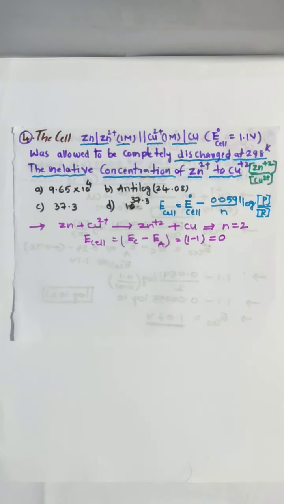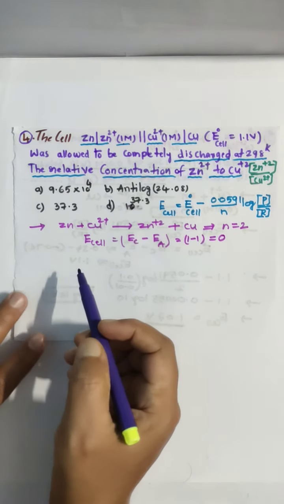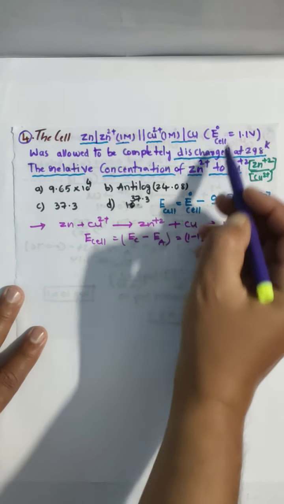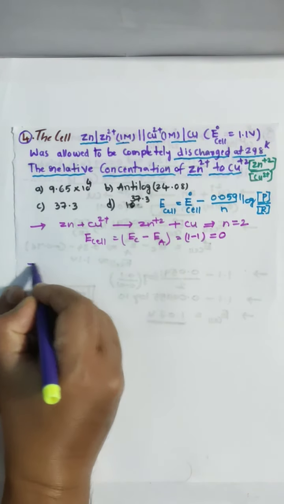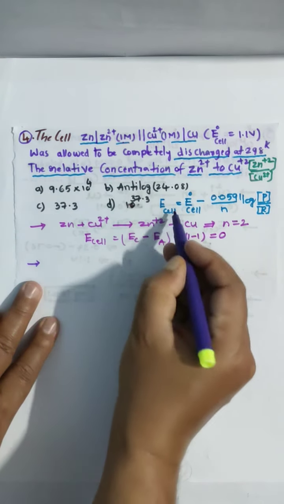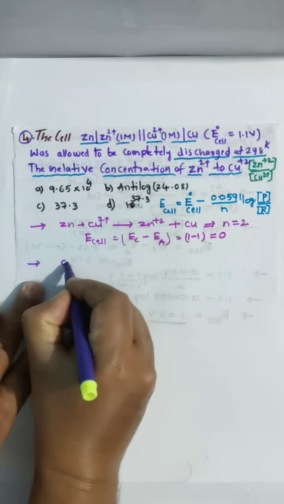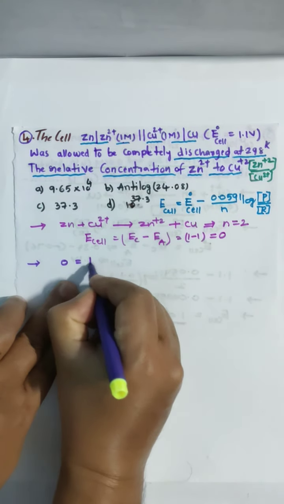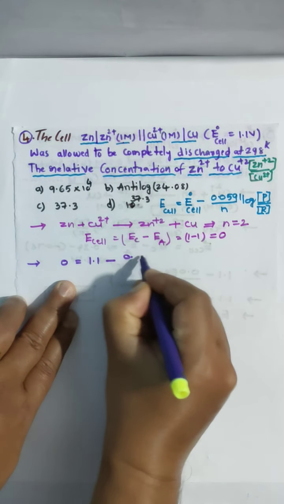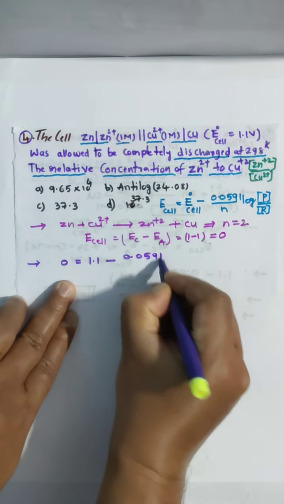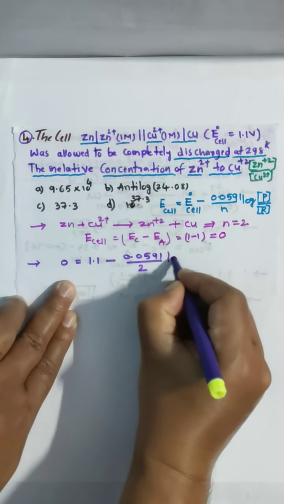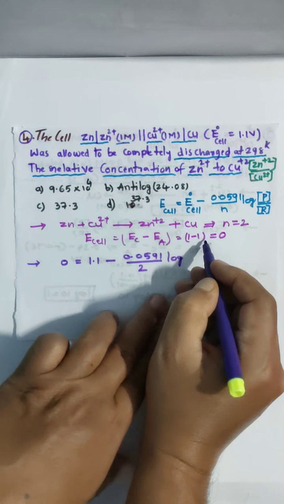So E cell value is given, and we have to compare now. E naught cell also is given. Substitute now all the values. E cell is 0, equal to E naught cell, which is given as 1.1, minus 0.0591 upon n, where n is 2, log of product concentration upon reactant concentration.